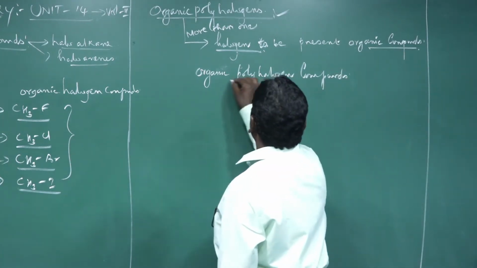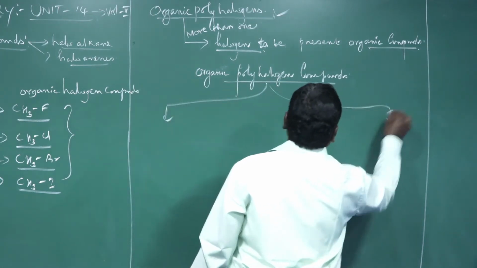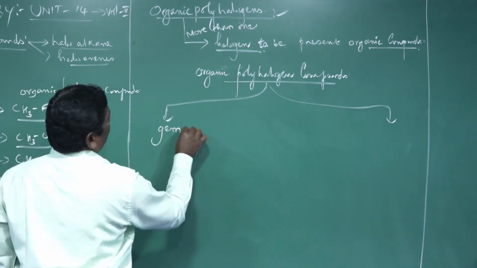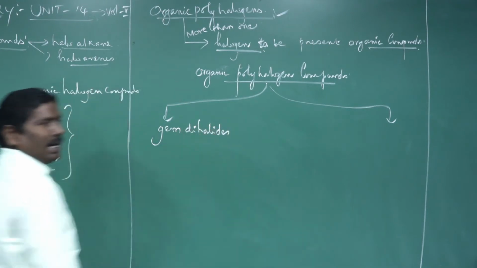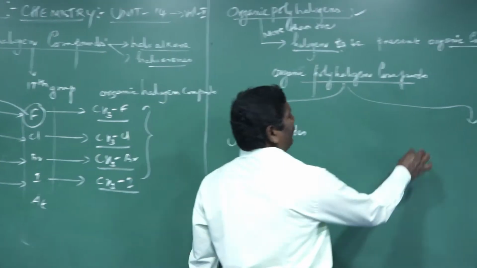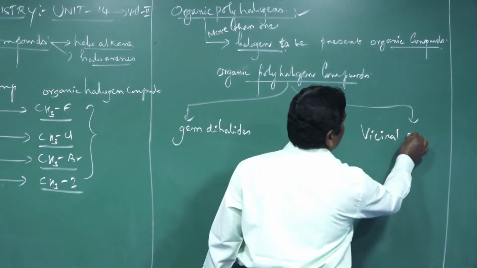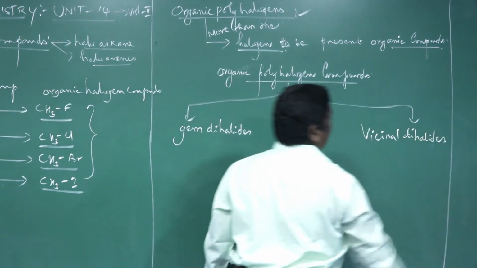Organic polyhalogen compounds are classified into two types, namely gem dihalides and vicinal dihalides.